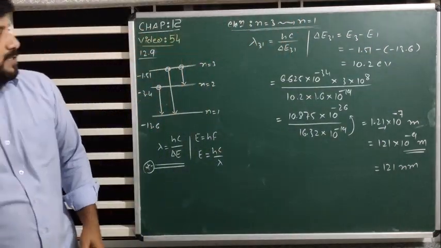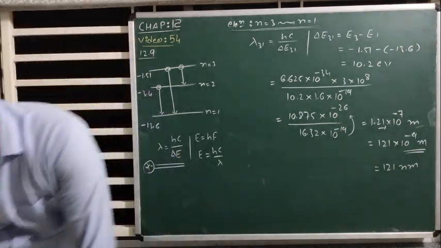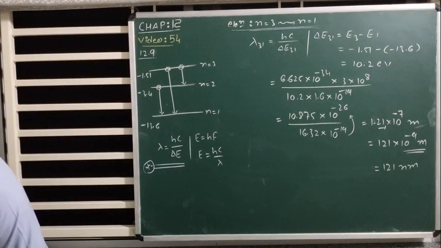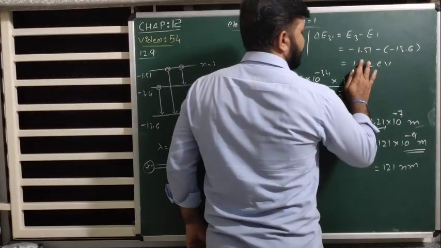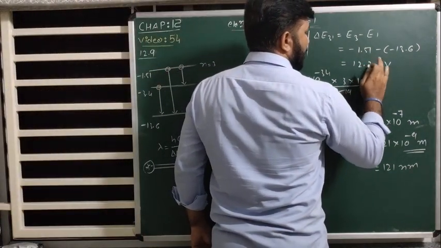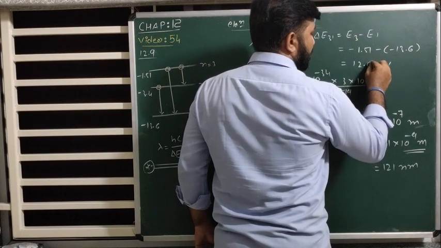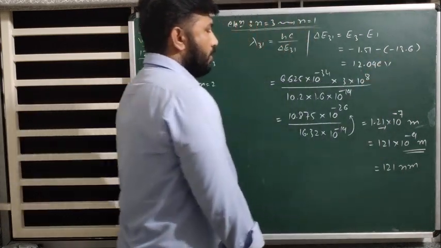So 13.6 minus 1.51, we will get 12.09 electron volt.